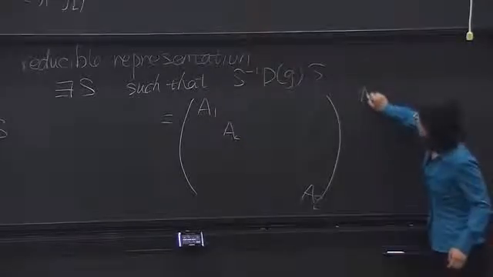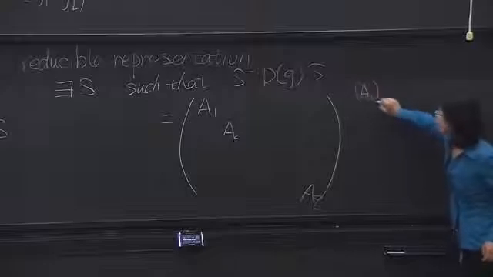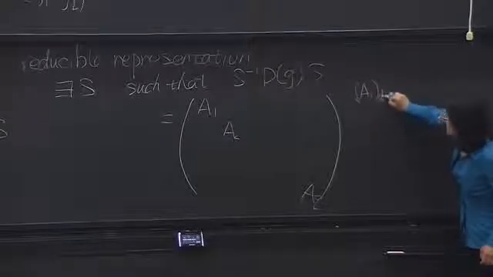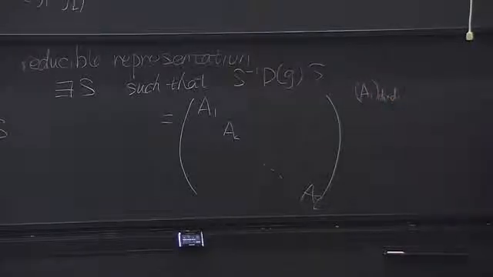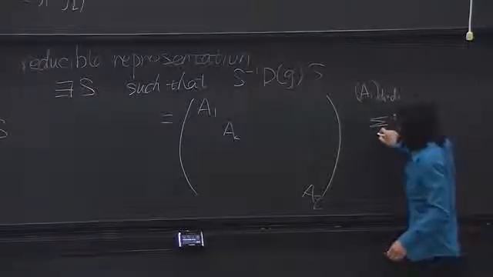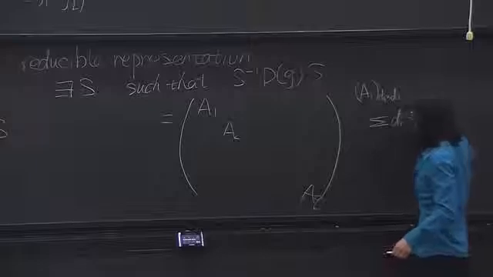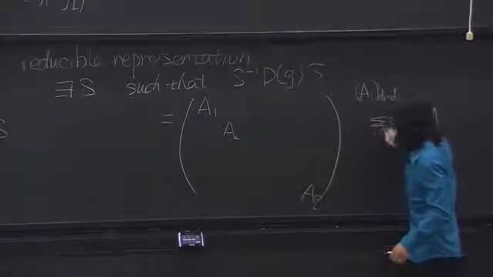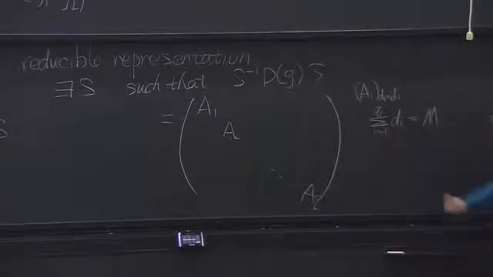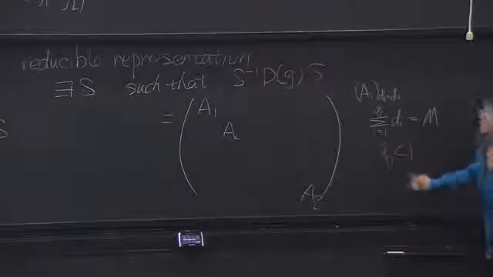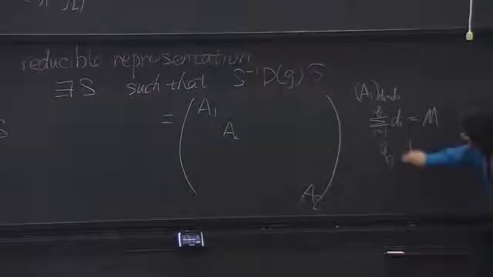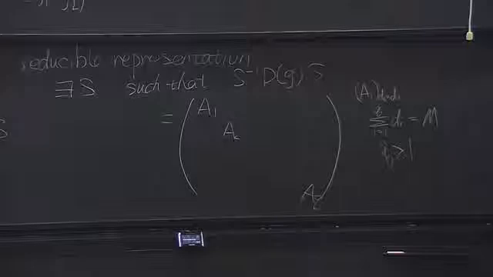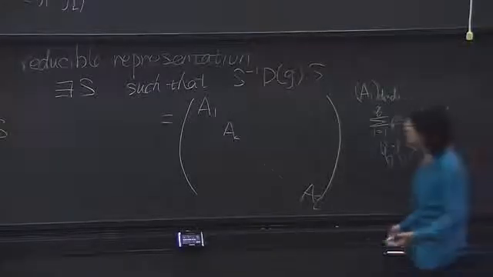So let's say A1 is a square matrix of size D1 times D1, etc. And of course, we require all these dimensions to add up to M. We also require that Q is bigger than 1, so we have at least two blocks to be called block diagonal.